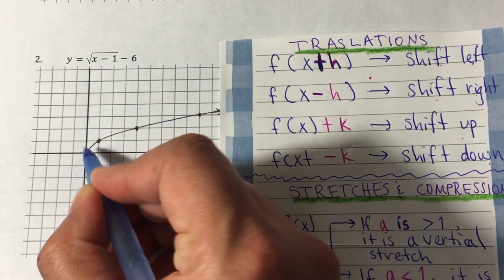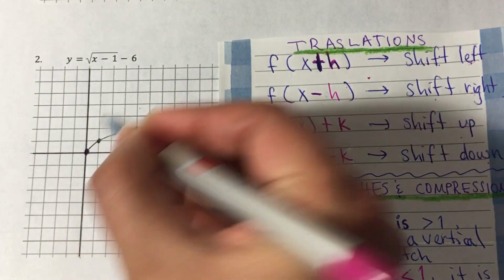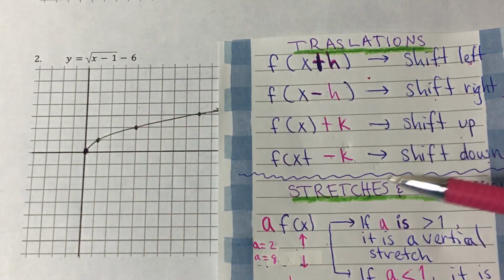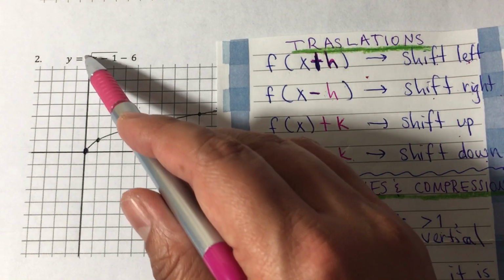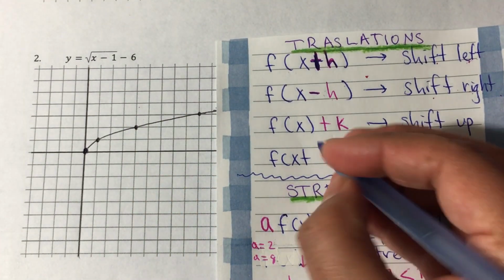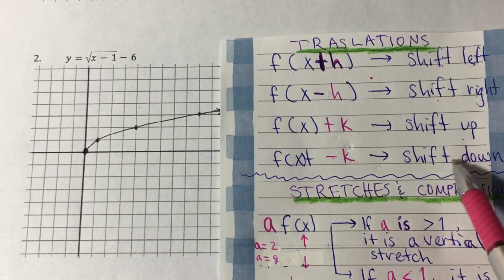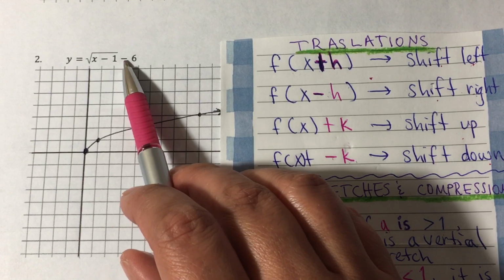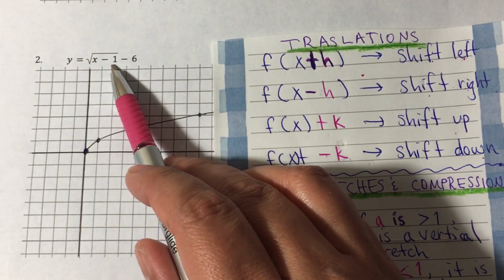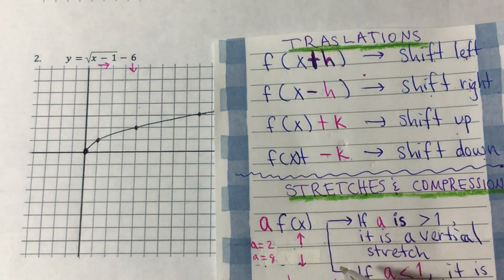And I'm going to work with this point right here. So 1 point to the right, but then we have minus 6 outside of that symbol of square root. And I forgot to close it in here. When we're subtracting outside, it's going to shift down. How many spaces? 6. So 1 to the right and 6 spaces down.